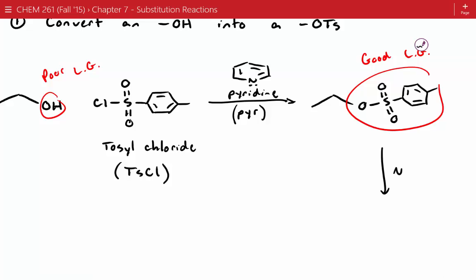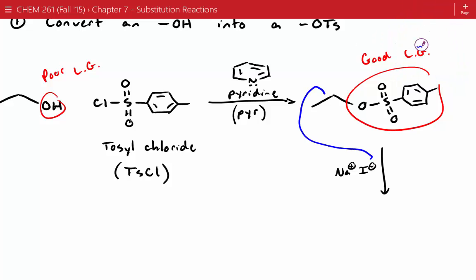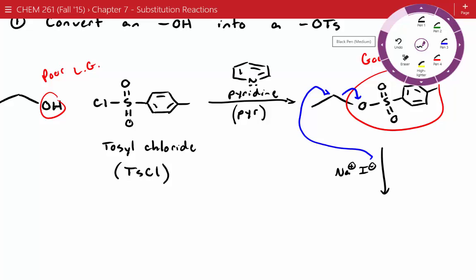And again, I'm going to react this with, actually let me do it on this side, sodium iodide. And will this be an SN1 or SN2 reaction? SN2. We have a primary electrophile. Primary electrophiles favor SN2. So we can say, okay, this iodide is going to now do a backside attack and kick off our leaving group.